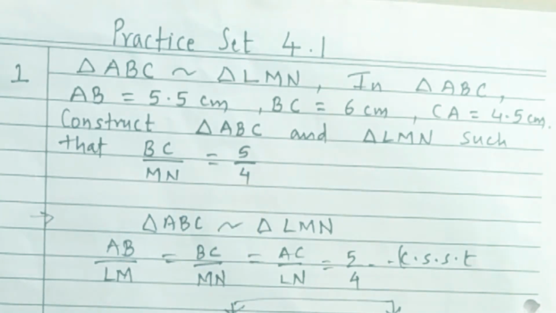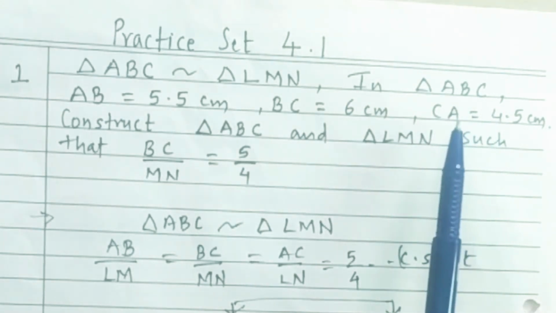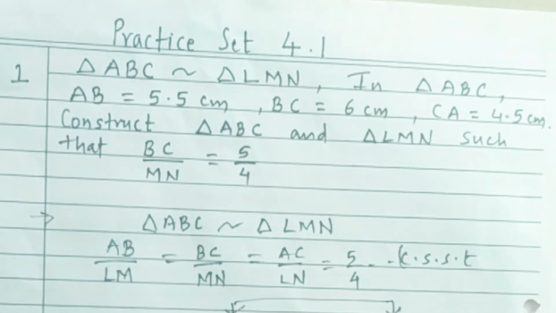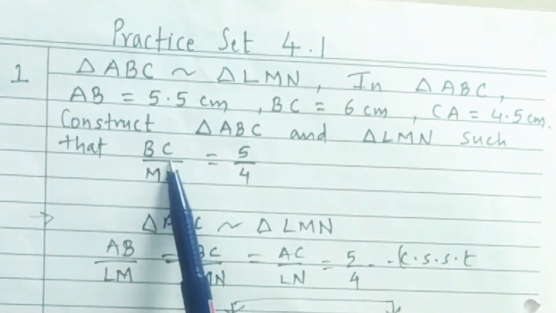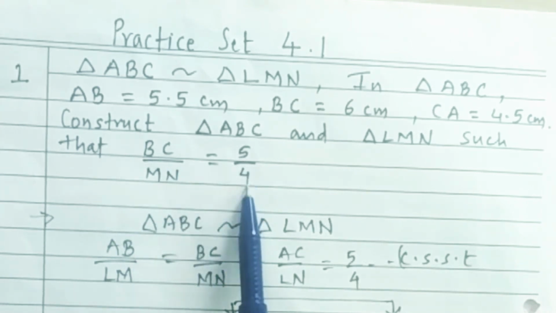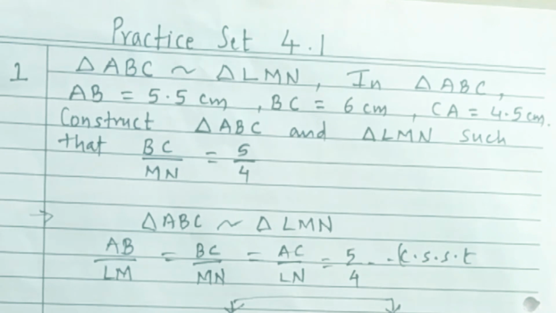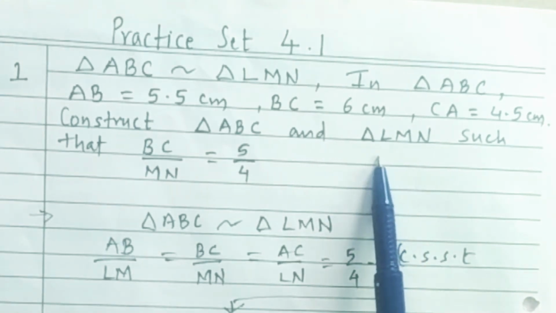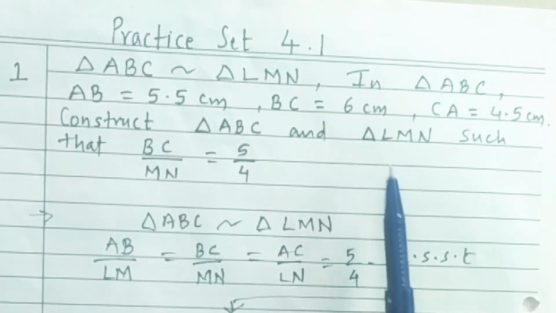So in this example, the measurements of triangle ABC are given, so we can easily construct triangle ABC. And the constant ratio between sides of the two triangles is given as 5:4. So by definition of similar triangles, we can find the length of corresponding sides of triangle LMN.